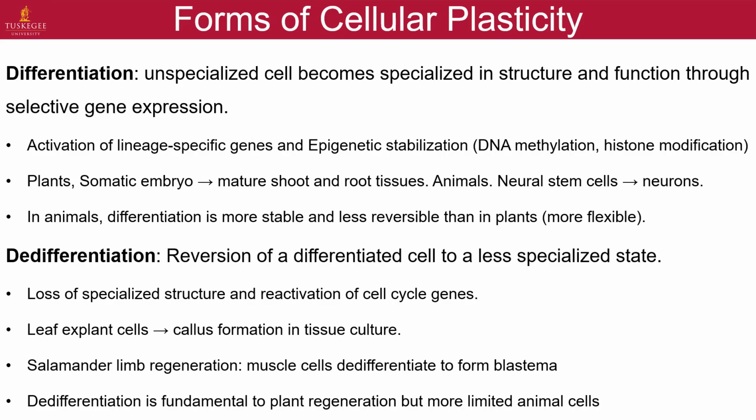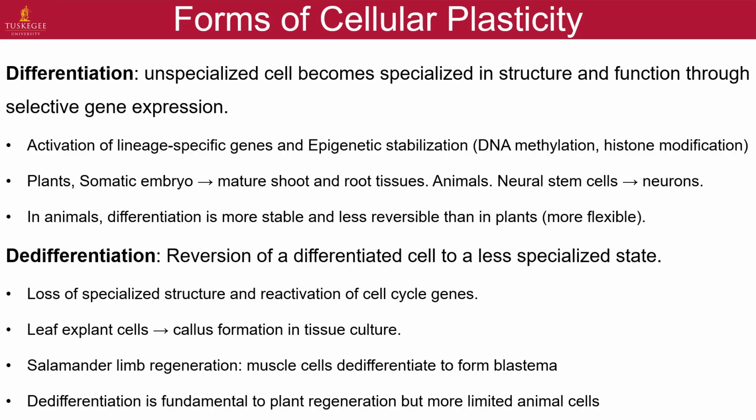A good example of de-differentiation in plant cells is when we take leaves, which we call leaf explants, and then we provide them with the right conditions, and we develop them into a callus. A callus is a mass of unspecialized cells. So forming a callus from the leaf in tissue culture is a good example of de-differentiation.